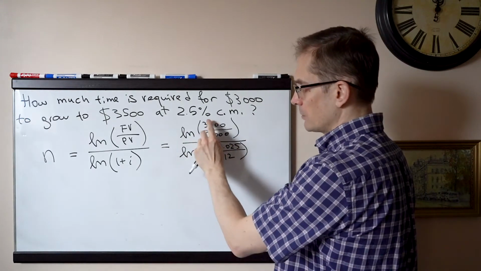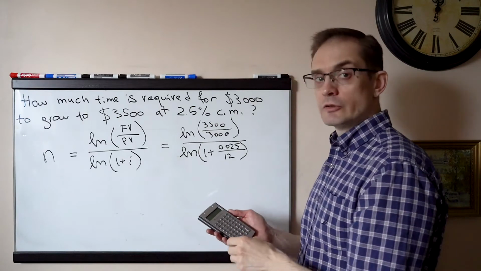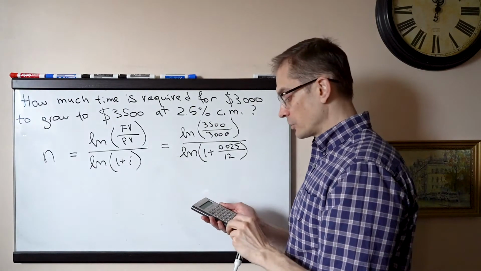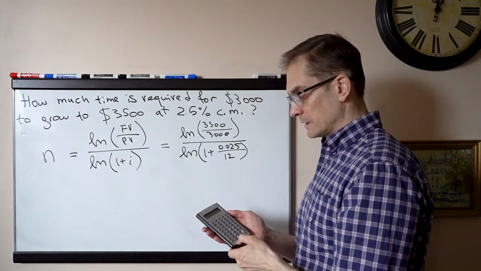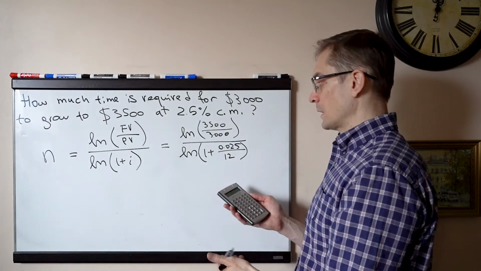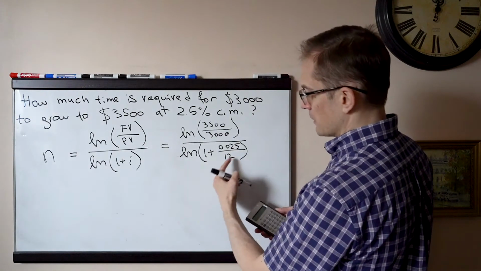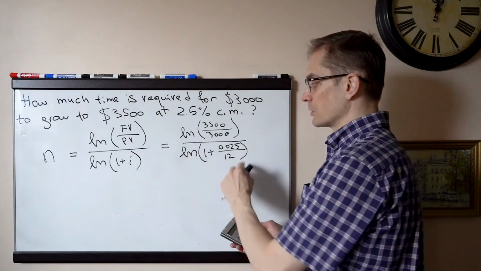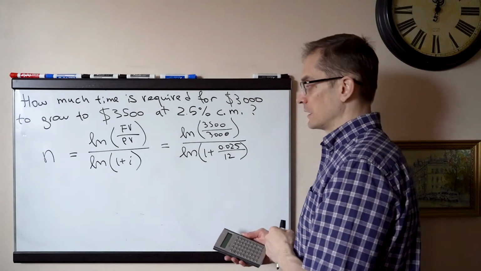Once you find that number, you enter it in your BA II Plus Professional or BA II Plus calculator, and then press the LN button. You will find this bracket, press that LN button, and it will give you the result of using that logarithm.